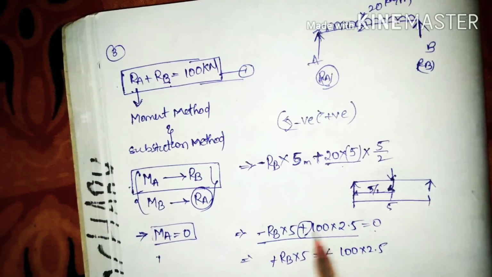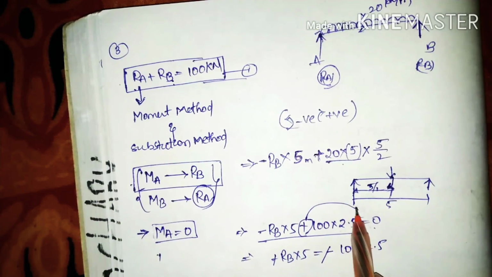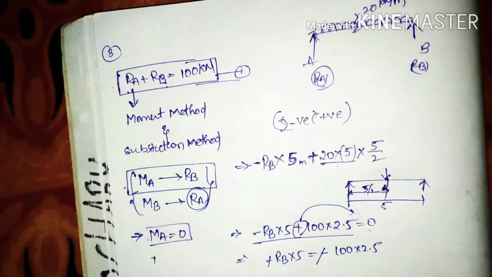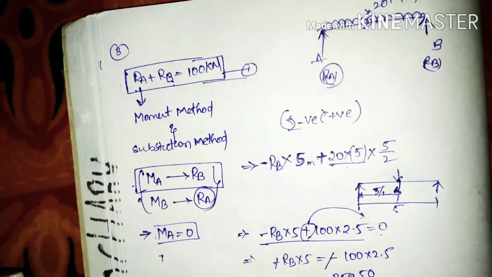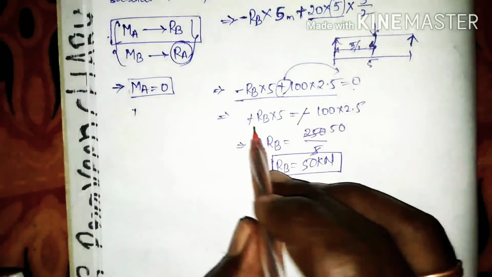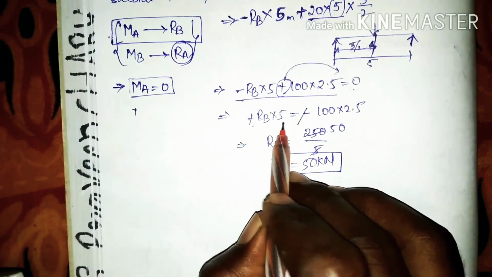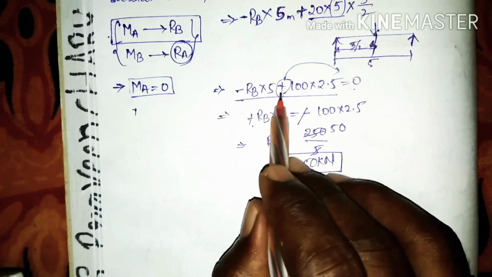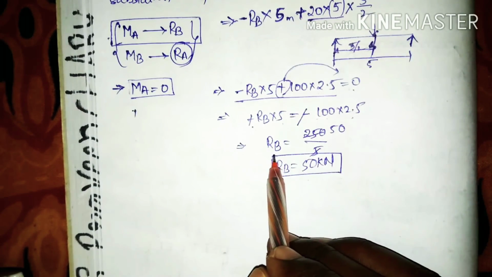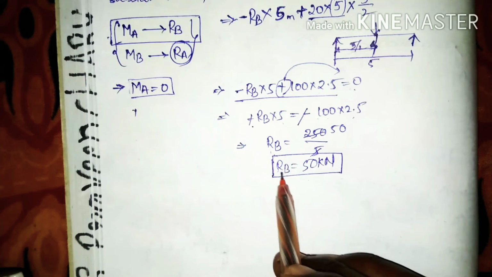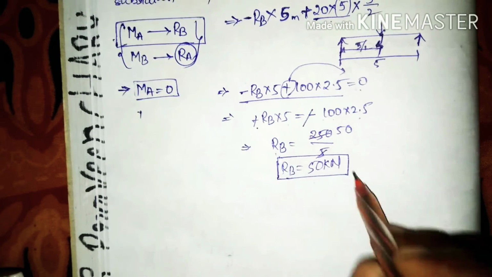When I send the positive sign after the equal to, it is going to be a negative sign. RB into 5 is equal to minus 100 into 2.5. Thereafter, after the simplification, RB is equal to 50 kilonewtons.